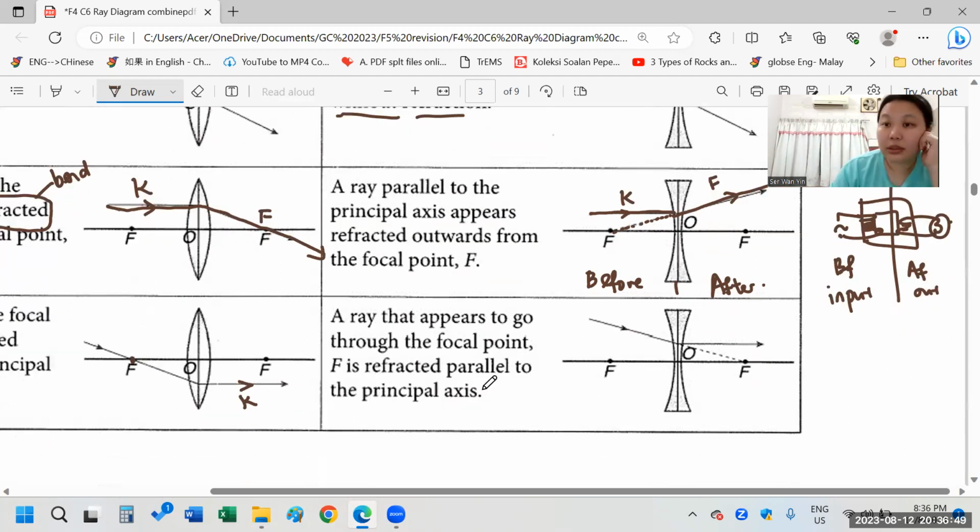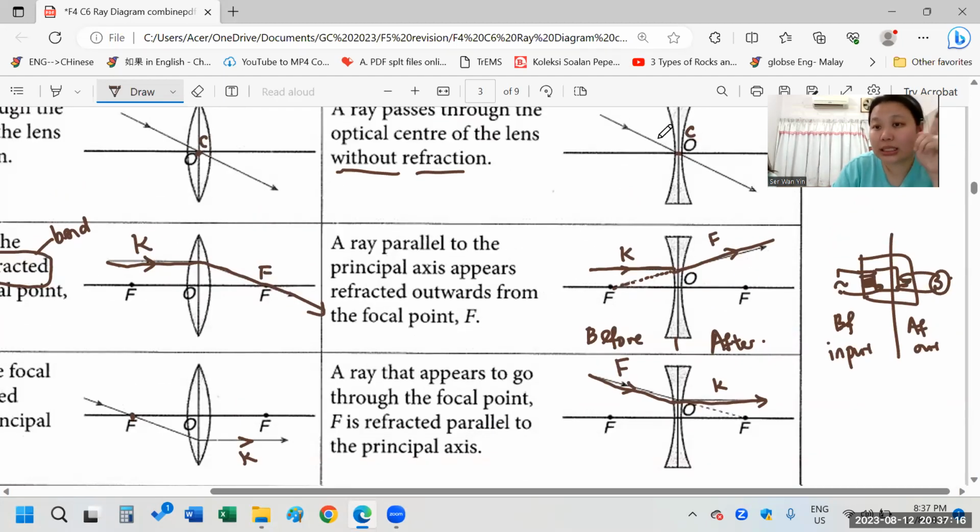Alright, now the ray that appears to go through the focus point. If the ray directly strikes towards the F after the lens, then it will be refracted parallel to the principal axis, or we can say it is FK.